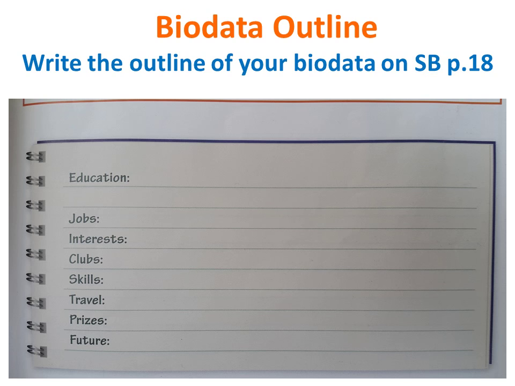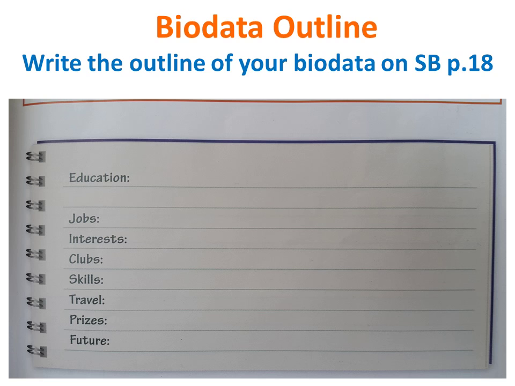Okay, it's time for you to think about your job application. When you apply for a job, sometimes on your application you might have a paragraph where you talk about yourself and your achievements. So I want you to think about creating an outline of the things that you have already done with your education, your jobs.